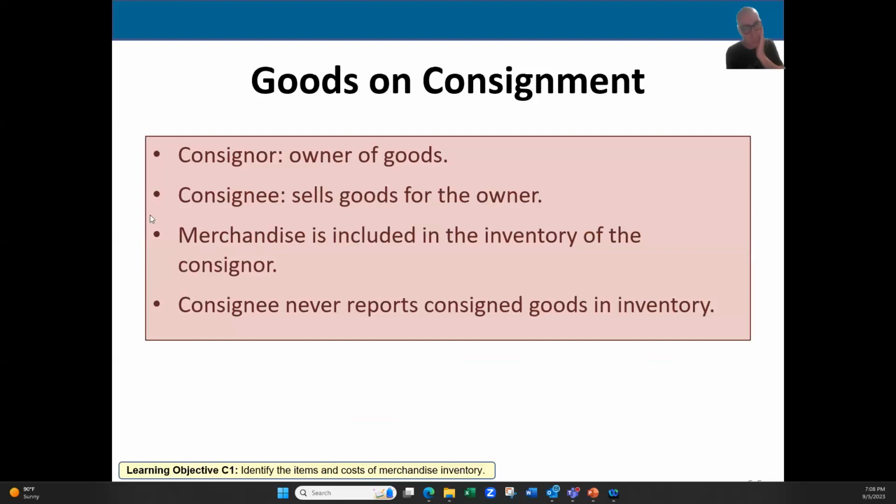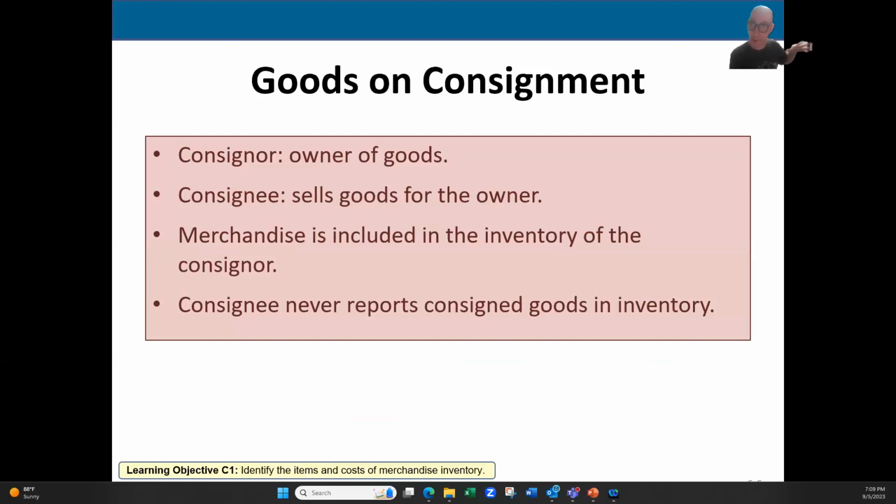Sometimes goods might be sold on what we call consignment. If you've ever been to a secondhand store, we call these consignment shops, okay? It's usually one store, and it's a bunch of little stores within it, where people are trying to sell their stuff. But they're not there.